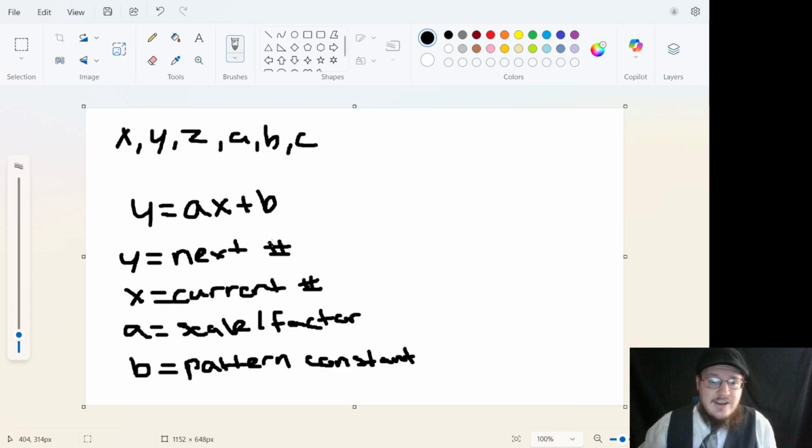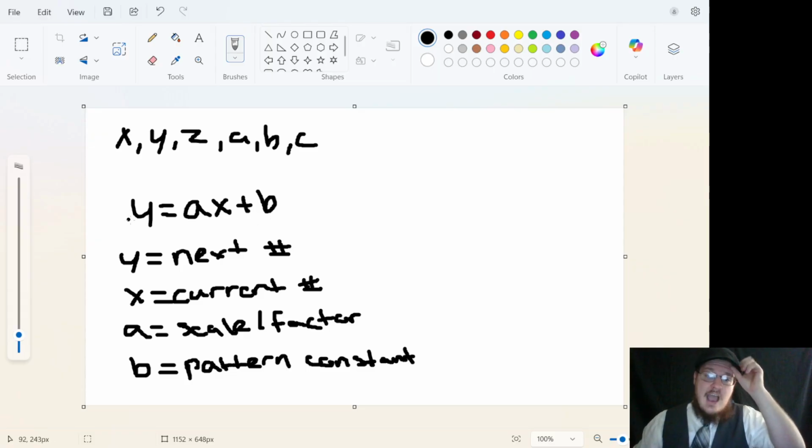This number here is not attached to a changing value in the x here, so it is a constant value. It does not change at all. The scale is also a constant value, but it's applied to a different number each time that we work our way through the pattern, so it winds up changing a little bit because it's being multiplied.